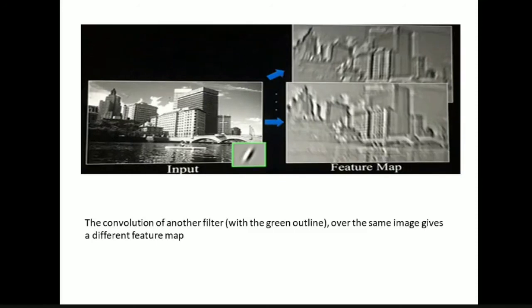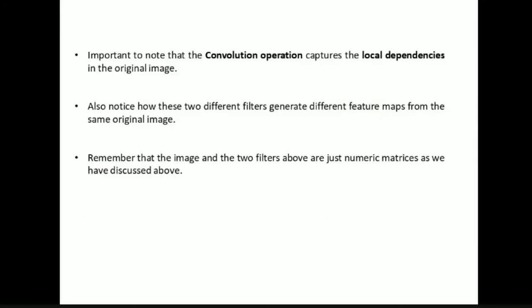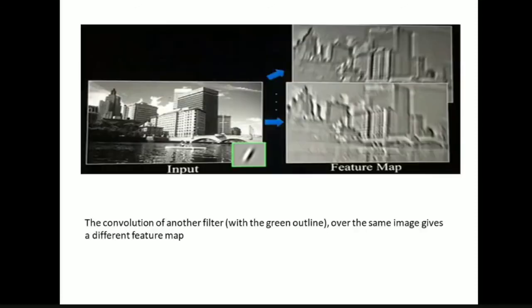We identify different types of edges based on the filter values, by applying different filters on a given input image. It is important to note that the convolution operation captures the local dependencies in a given image, and different filters generate different types of feature maps.